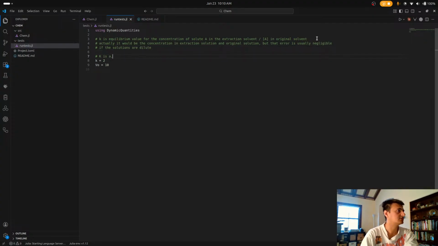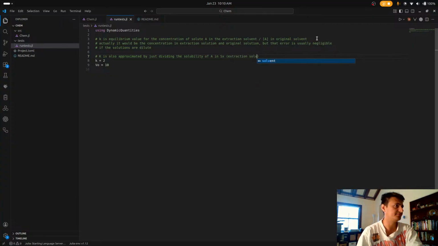K is also approximated by just dividing the solubility of A in Sx, which is the extraction solution or solvent, by the solubility of A in the other solvent.